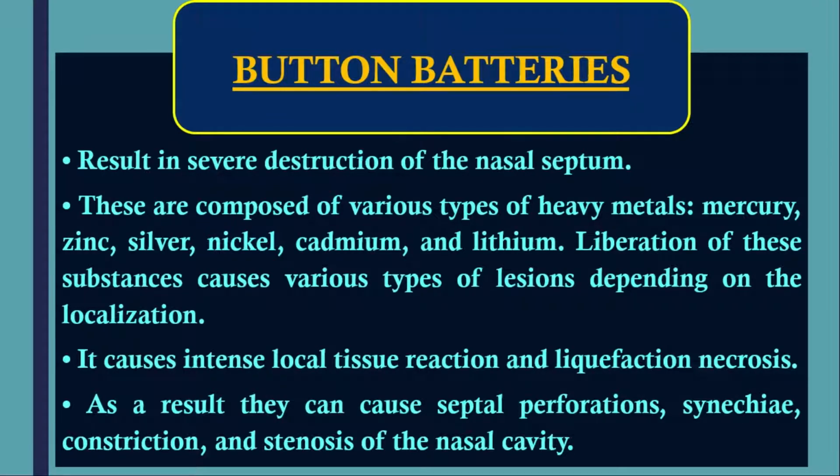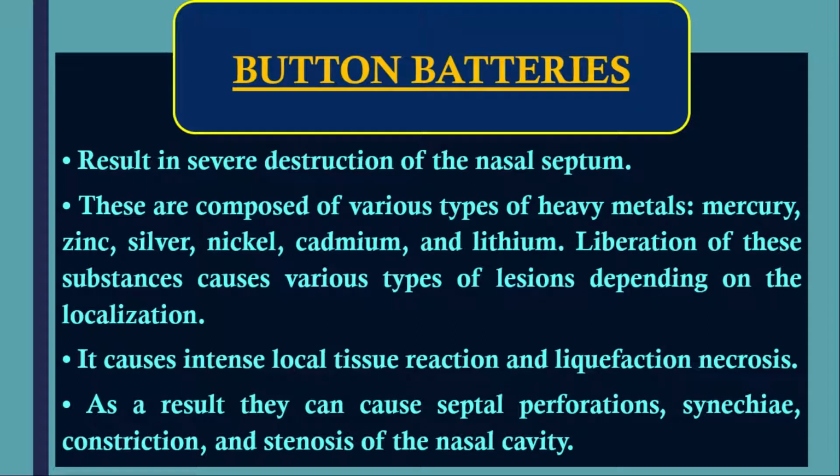As far as button batteries are concerned, it's a serious type of foreign body which can result in severe destruction of the nasal septum. These button batteries are composed of various types of heavy metals such as mercury, zinc, silver, nickel, cadmium, and lithium.